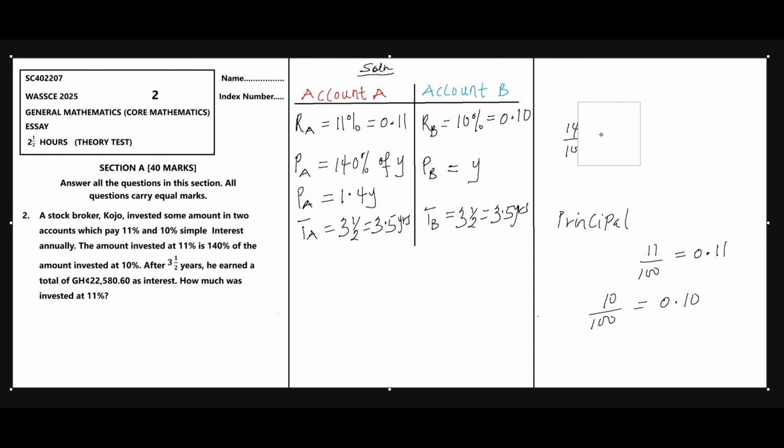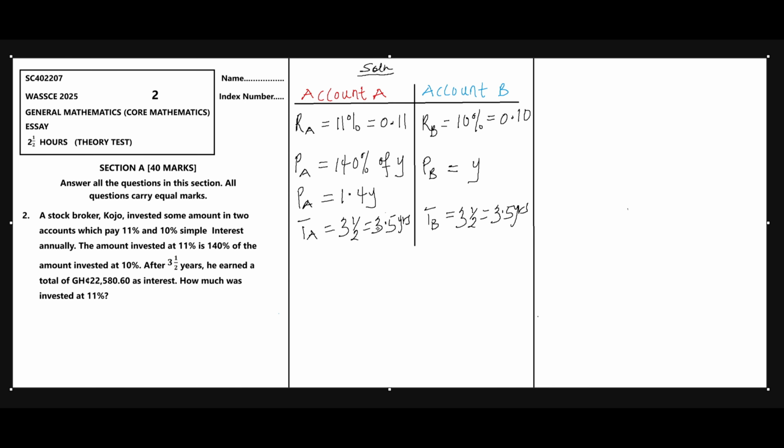So now we can set up an equation. Because Kojo has invested in two different accounts, account A will fetch him a simple interest, account B will also fetch him simple interest.